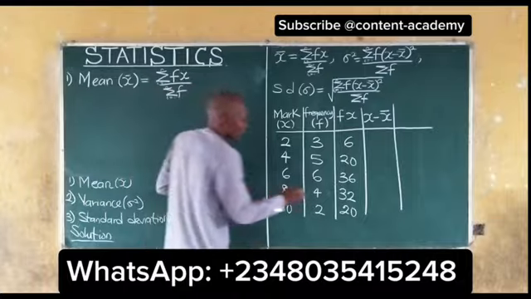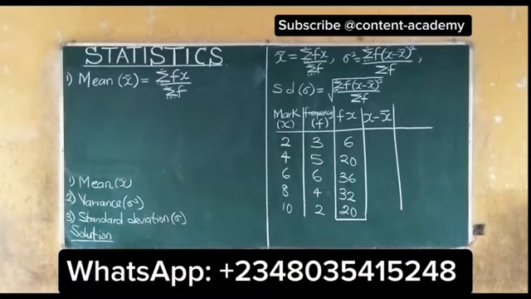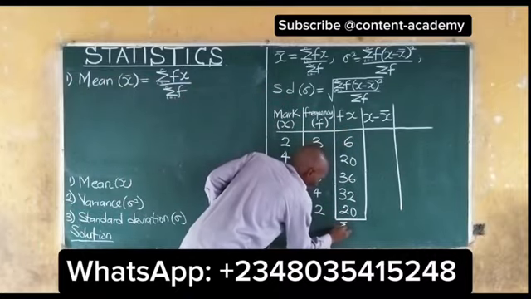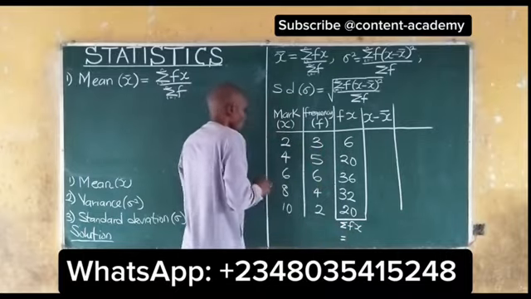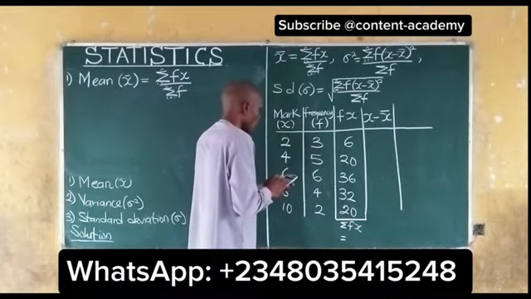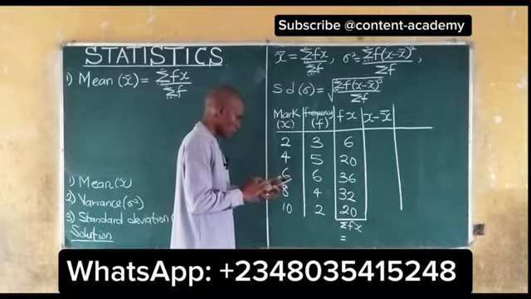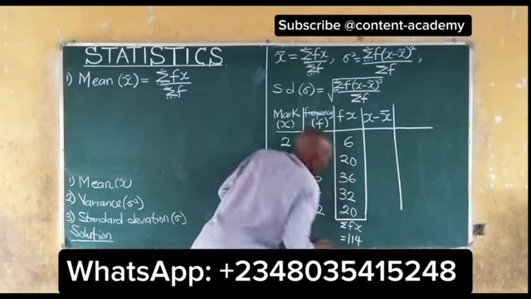We need to find the total of f of x, which is just the sum of this. That means summation of f of x. We can write it as 6 plus 20 plus 36 plus 32 plus 20, which is 114.